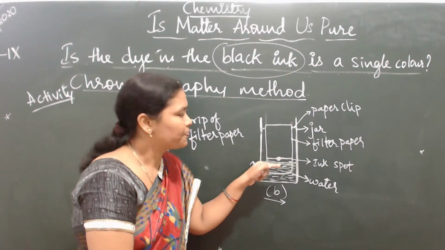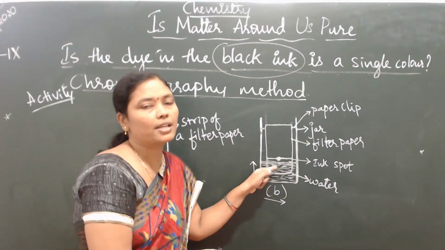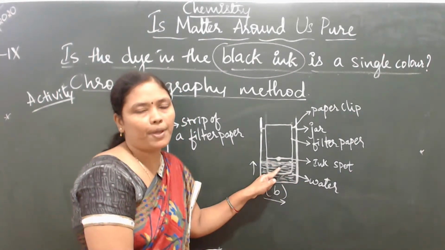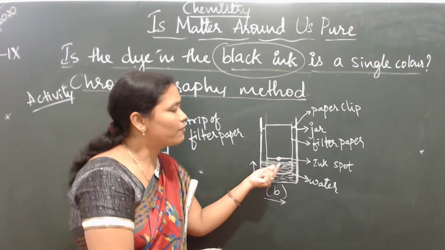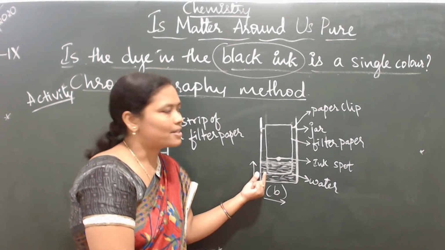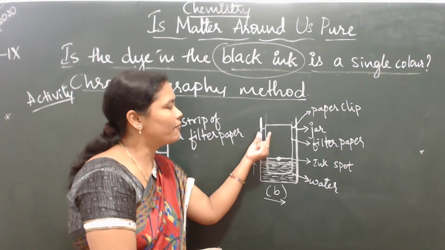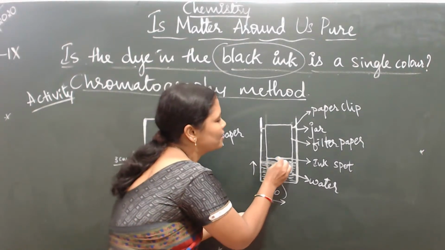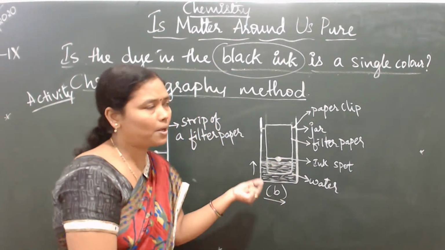It should not be immersed in the water. We keep it undisturbed for an hour. After that, the water starts rising in the upward direction, and it rises along with these dye particles.